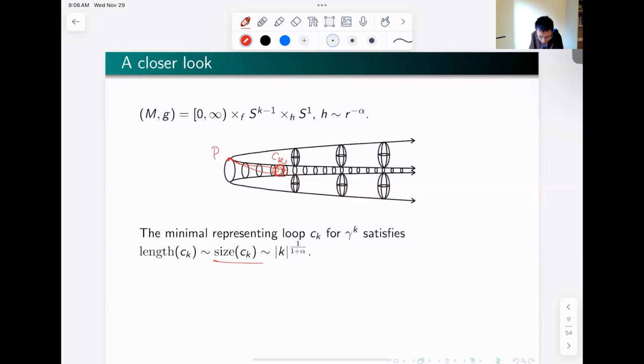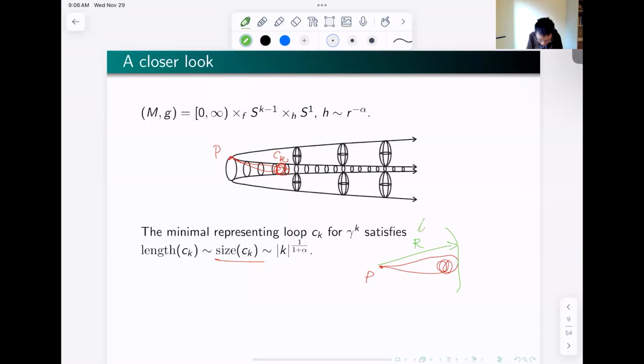Here, size means the following: this is my p, and then you draw a metric ball centered at p to include this loop. The smallest radius you can put there to include this loop is the size.